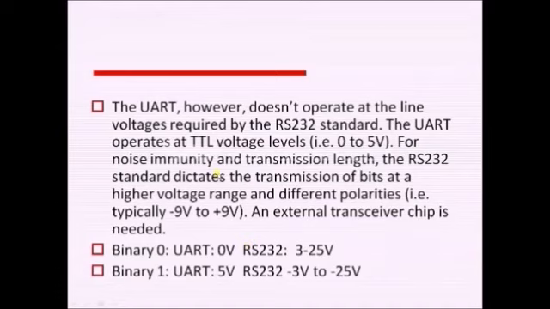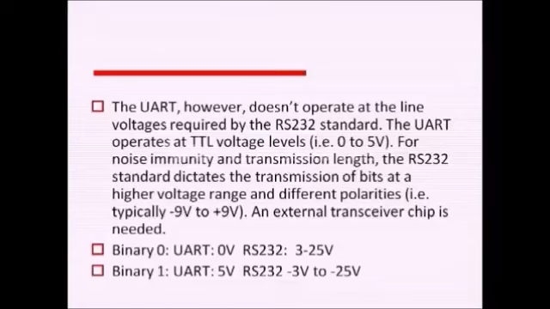Now UART supports TTL voltage levels, which are 0 to 5 volts. But if we want to increase the length of the communication, noise gets introduced into the channels. In order to reduce the noise, we have to use a protocol for implementing the communication, and that protocol is called RS-232. RS-232 represents the data bits with higher voltage levels. As the voltage levels are increased, the length of transmission can also be increased.